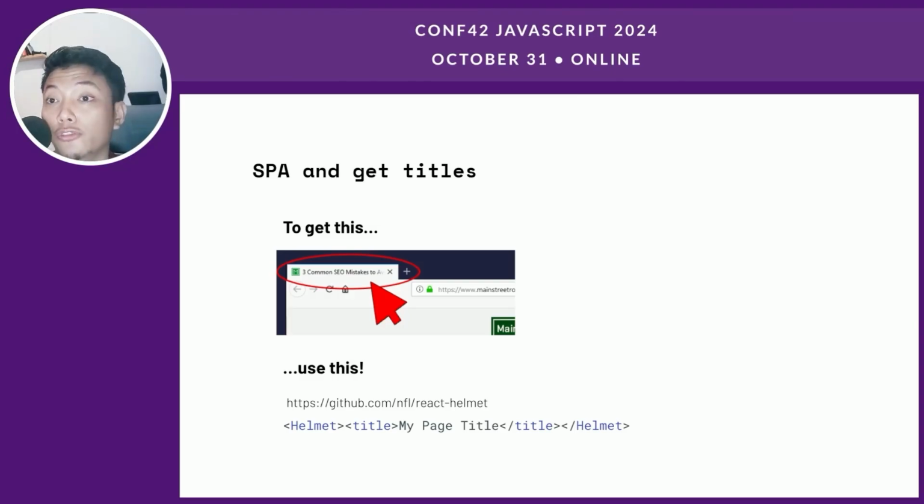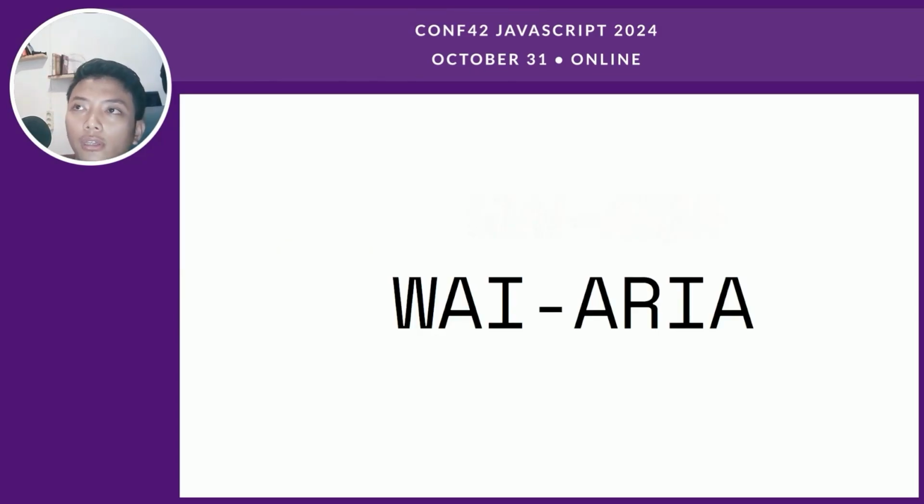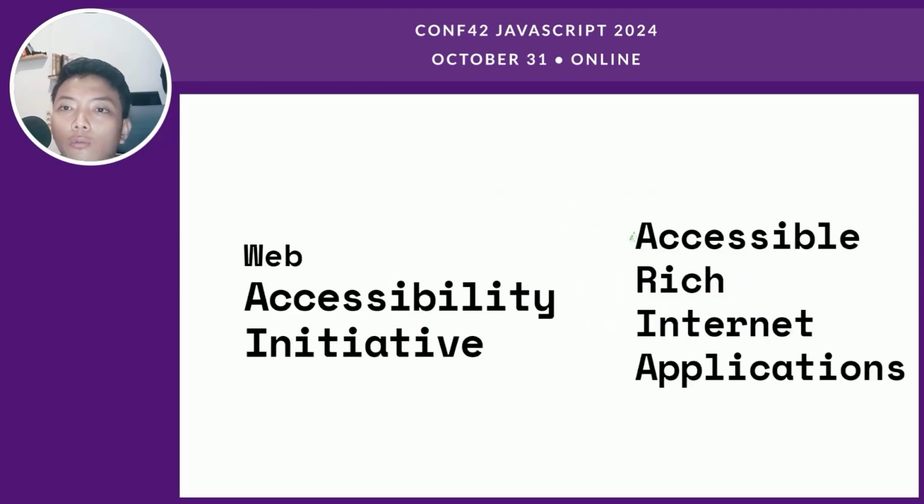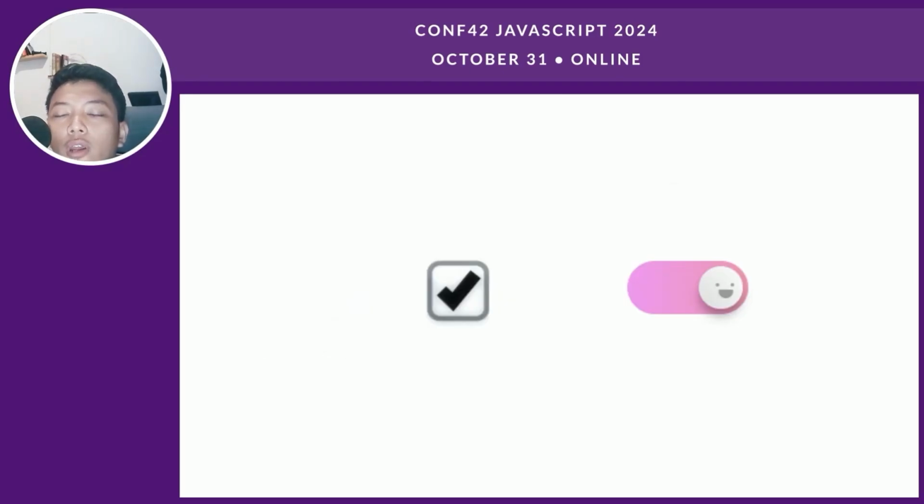The other approach to fix the problem is WAI-ARIA. WAI-ARIA means Web Accessibility Initiative, Accessible Rich Internet Applications. Let's imagine you're making your own components, but there's no semantic element to do that.